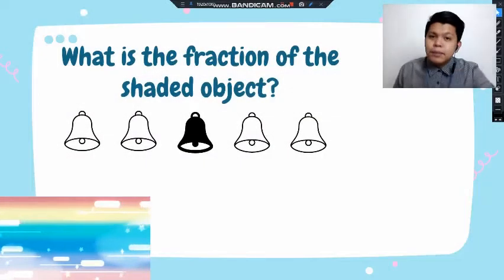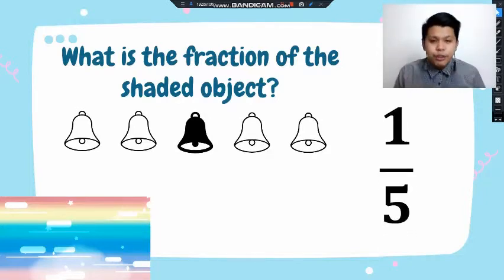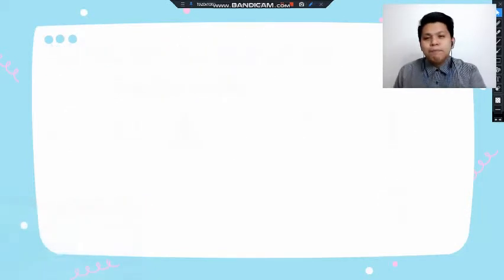Time's up. Let's check your answers. Again, count the total. 1, 2, 3, 4, 5. One shaded, so that is 1/5. Okay? 1/5. Let's go with the next one.